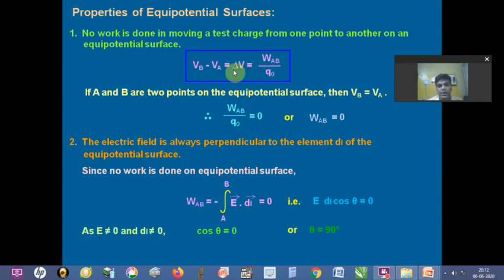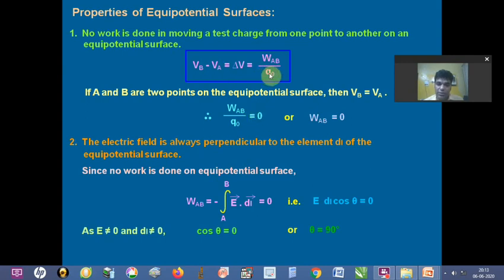The potential difference is represented by WAB by q naught. If A and B are two points on the equipotential surface, they have the same potential. Equipotential means same potential. So if VB and VA are the same, their difference will be 0.